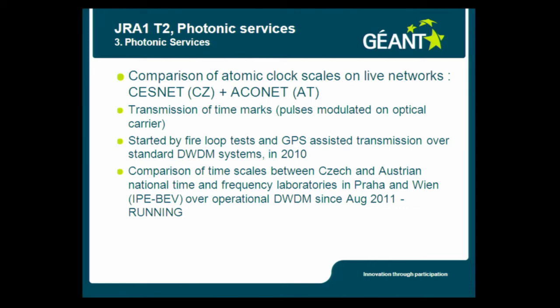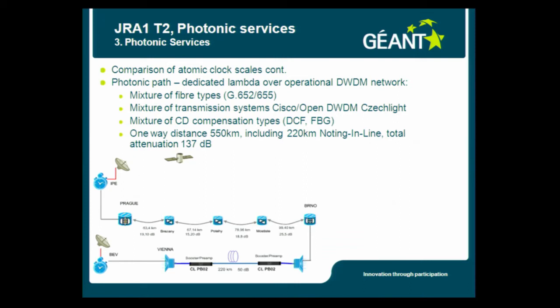Everything started a few years ago with fiber loop tests and GPS-assisted transmission. And now we can have comparison of these atomic clocks between two institutions, BEV and the Institute of Photonics and Electronics in Prague. And from August last year, as far as I know, it is running. It is operational, everything is going through Prague over DWDM equipment, which is Cisco.